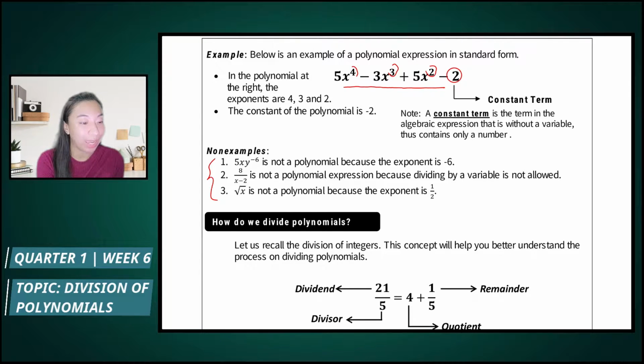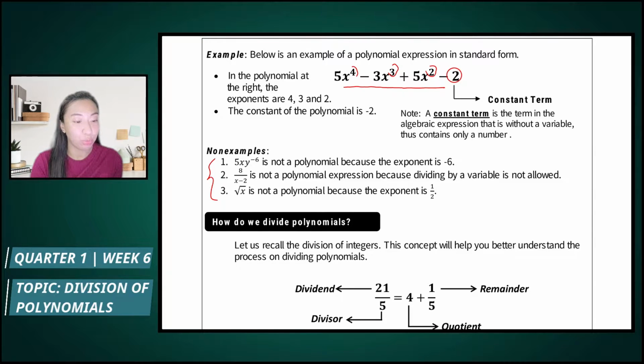Number 2, 8 over x minus 2 is not a polynomial expression because dividing by a variable is not allowed. And number 3, square root of x is not a polynomial because the exponent is 1/2. If the given has an exponent which is a fraction, then it is not considered a polynomial expression. So take note of the three conditions.